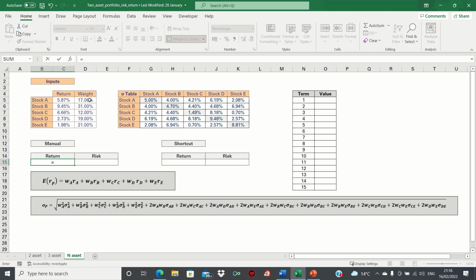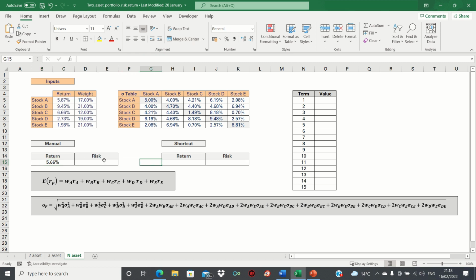We then take the weight of A and multiply this by the return of A. We then take the weight of B and multiply this by the return of B. Take the weight of C and multiply this by the return of C, and so on for stocks D and E. This gives us 5.66%, which is the expected return of our portfolio.